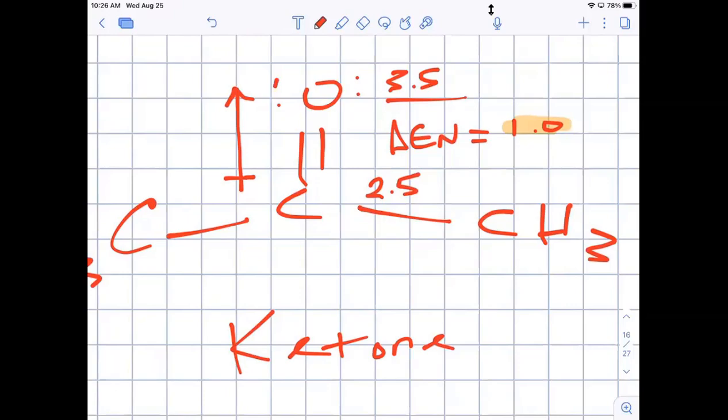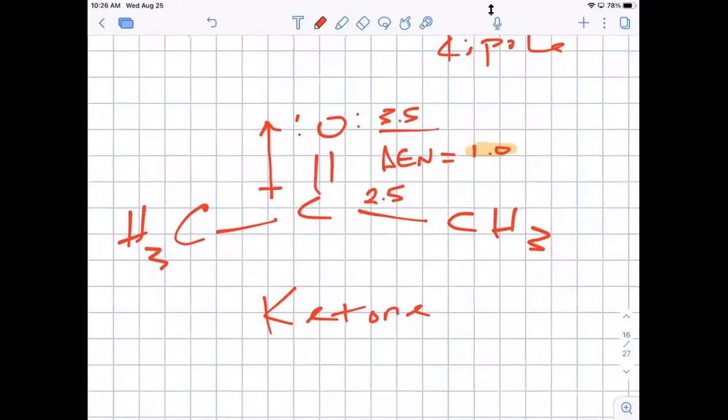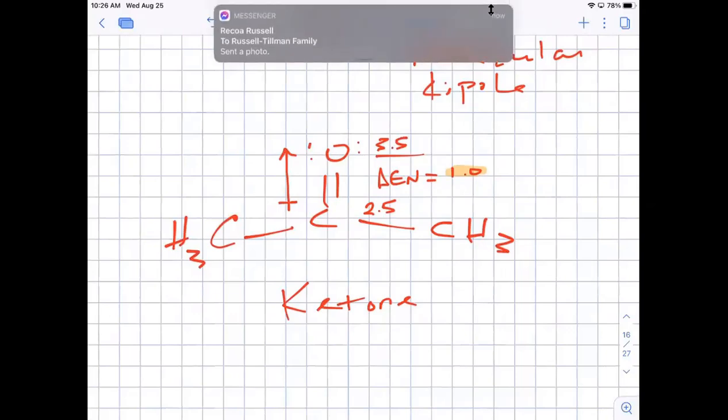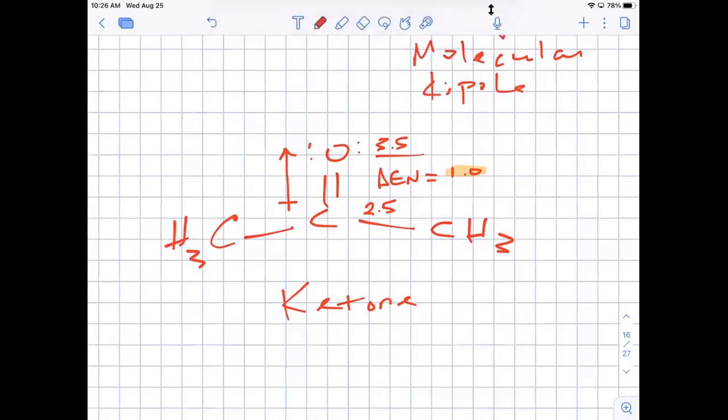All right. Now let's think about something else. Do you think that carbon bond is polarized? No? You sure about that? Don't they have the same electronegativity? They do. But there's a catch here.